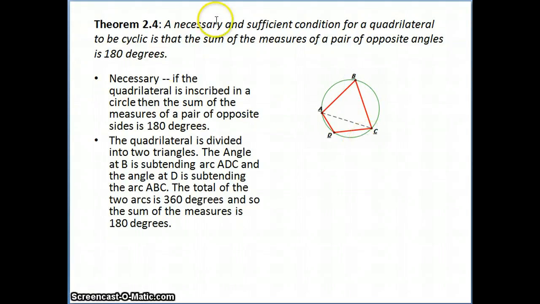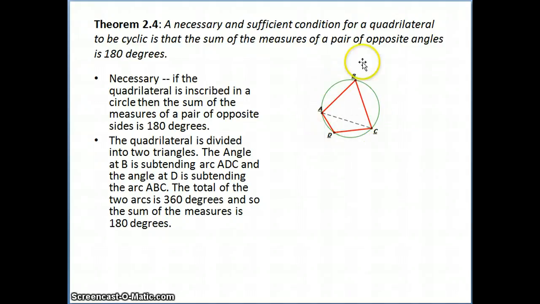We have two directions we want to prove, necessary and sufficient. So first, let's see what the necessary condition is. If the quadrilateral is inscribed in a circle, first we have a circle, and then we pick 4 points and connect those 4 points.